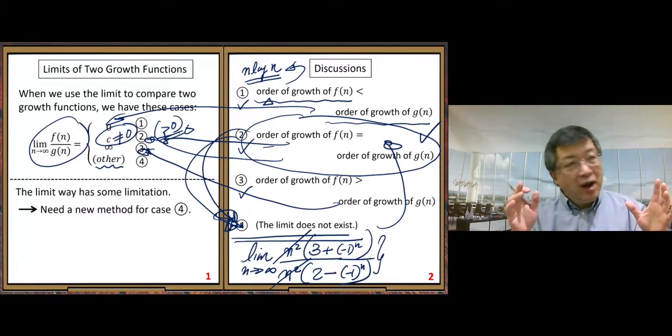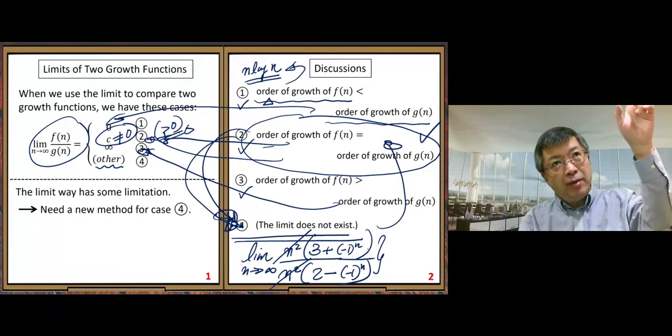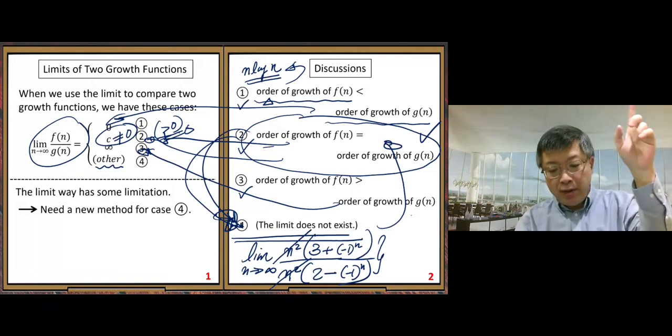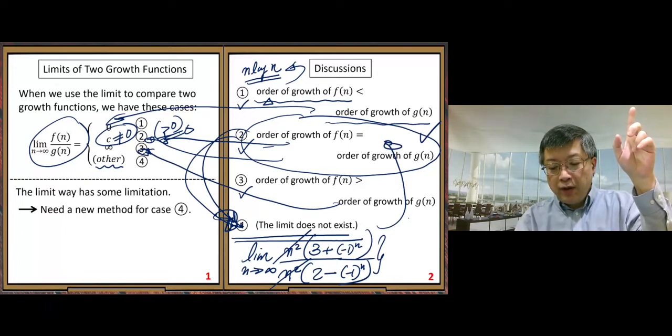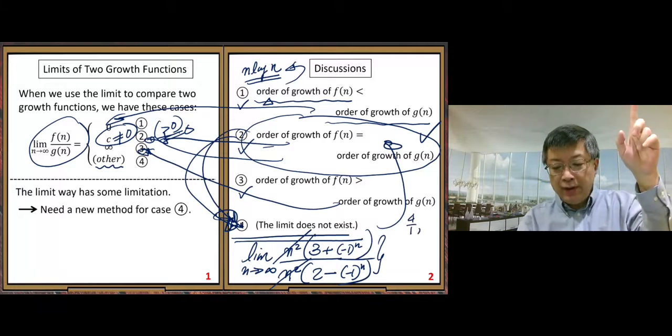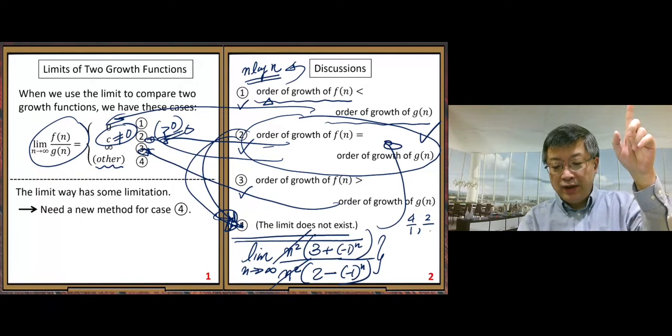Can you see the limit does not exist? Let's take a look. When n is an even number, we get the ratio 4/1. When n is an odd number, what's that? 2/3, right?